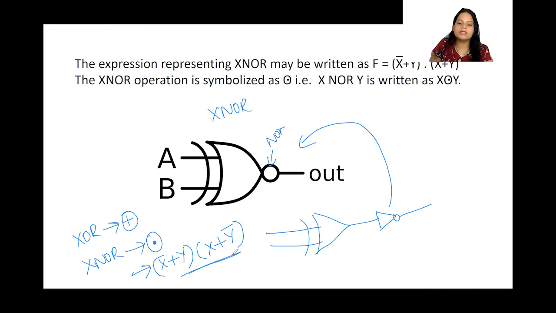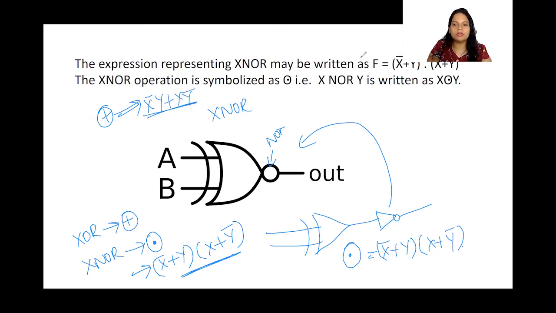This is also another way of representing the XNOR operation. So you should remember this expression, because sometimes if you are asked to derive certain expressions, and if there is this symbol, then you should know this is nothing but X bar plus Y and X plus Y bar. Similarly, you should also know this is nothing but X bar Y plus X Y bar. This is important for you all to remember.